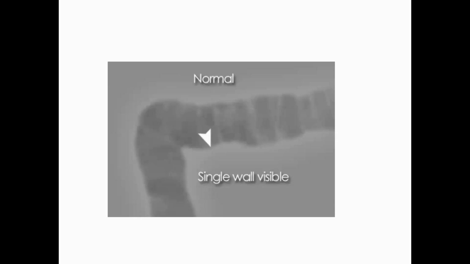Usually the sensitive X-ray projection to detect pneumoperitoneum is the erect chest X-ray. But we can also see signs of pneumoperitoneum on the AP, or anterior posterior, projection.